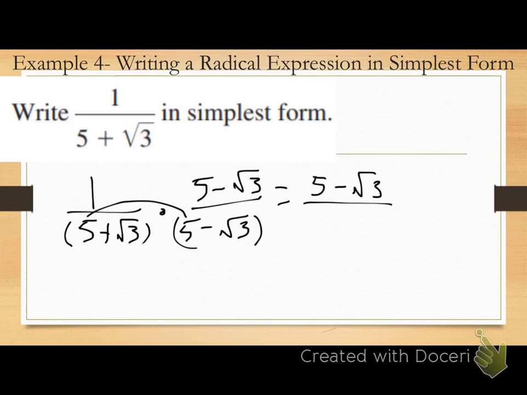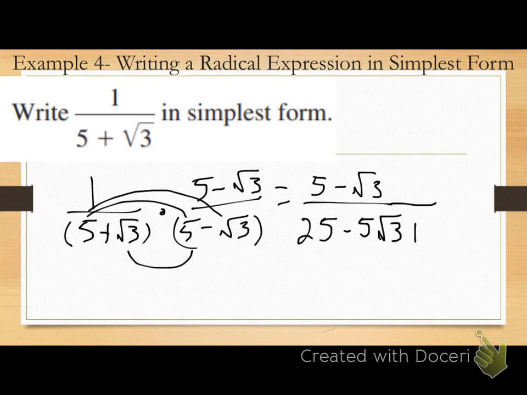So my first terms. What's 5 times 5? 25. Outer terms. What's 5 times negative square root of 3? Negative 5 square root of 3, right? Inner terms: square root of 3 times 5, plus 5 square root of 3. Last terms: square root of 3 times the negative square root of 3.